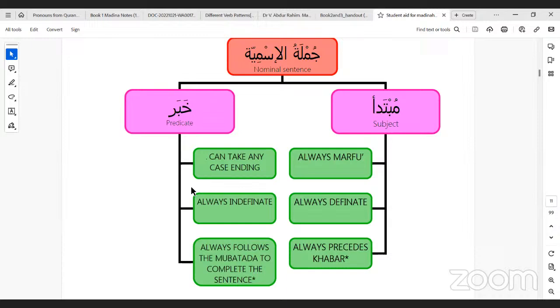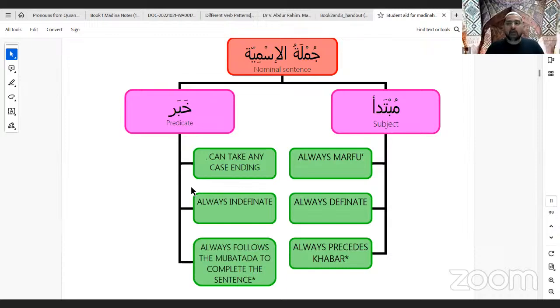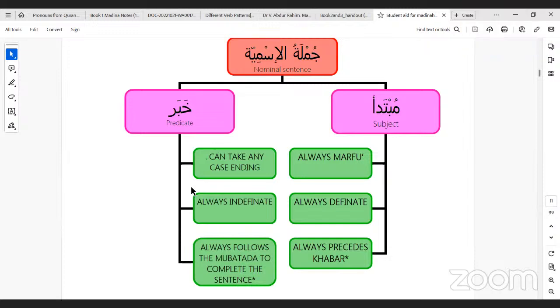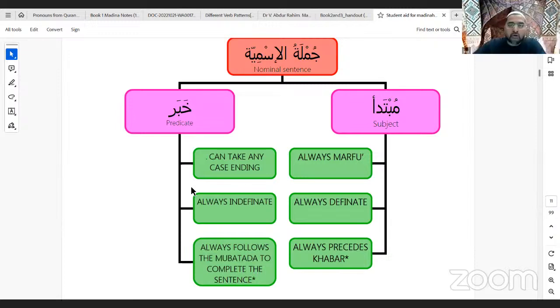So we are talking about the noun here, when we talk about mubtada. The noun has to be either with dhamma or with dhamma tanween. It's always definite and always precedes khabar. So this one here, always marfu. There are nouns which are coming with a tanween.